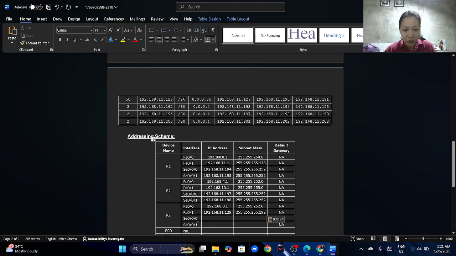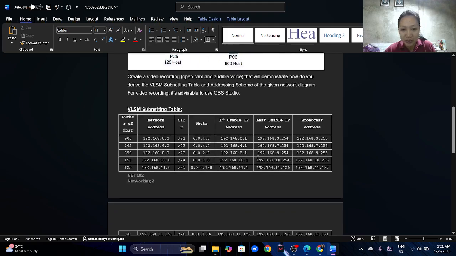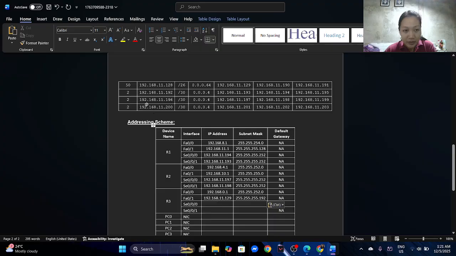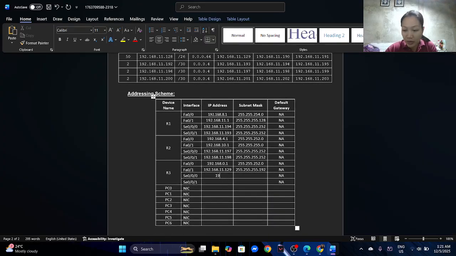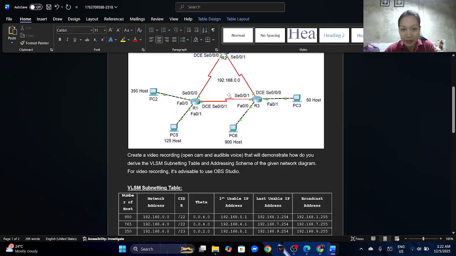For serial 0, router 3 is DCE. So this first usable address ng router 3 is 192.168.11.201, and SE1 is DTE.